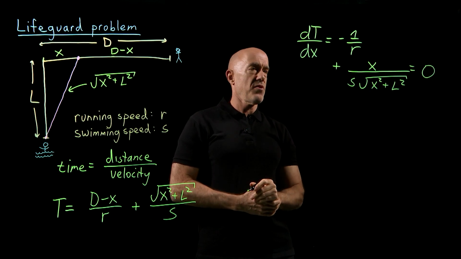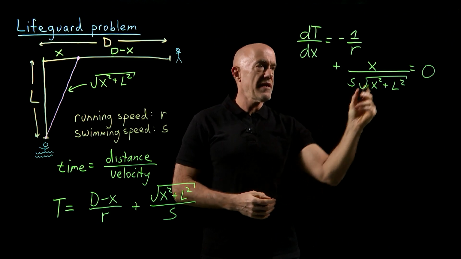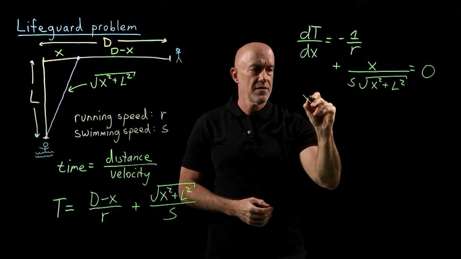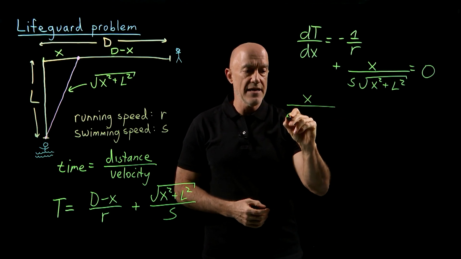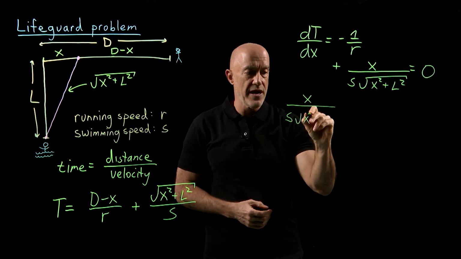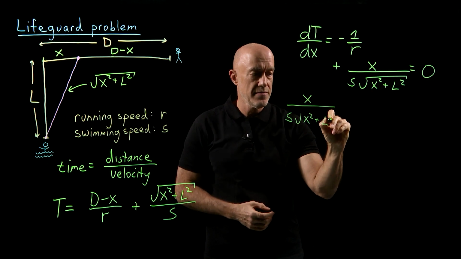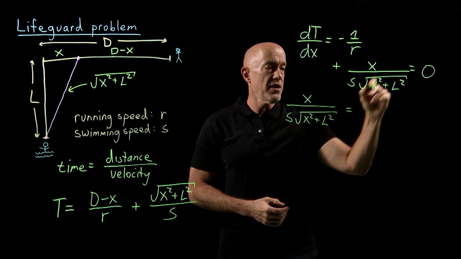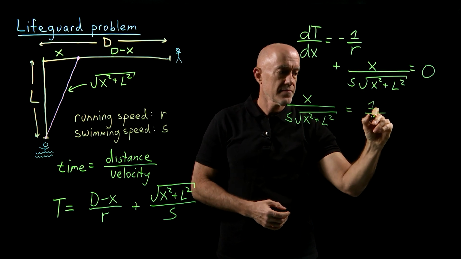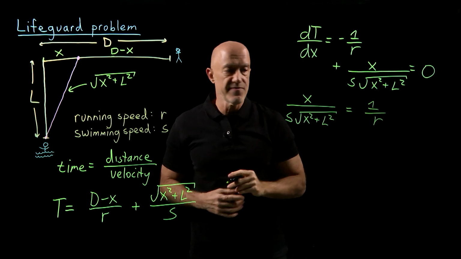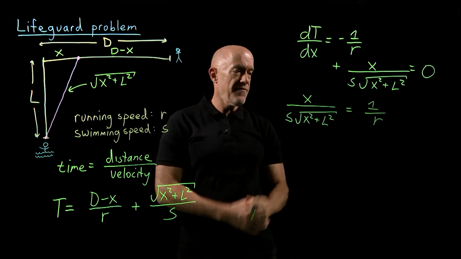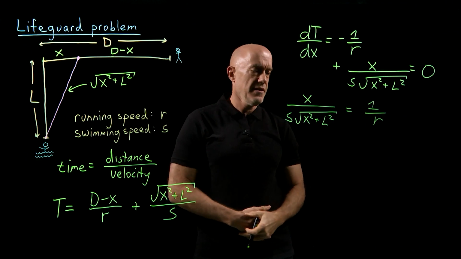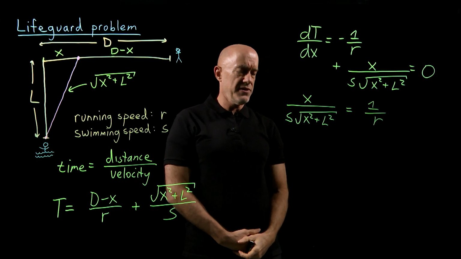So this is an equation. We can write that as x over s root x squared plus L squared is equal to 1 over r. Okay, an equation for x. From here on, it's algebra. How would I solve this equation?